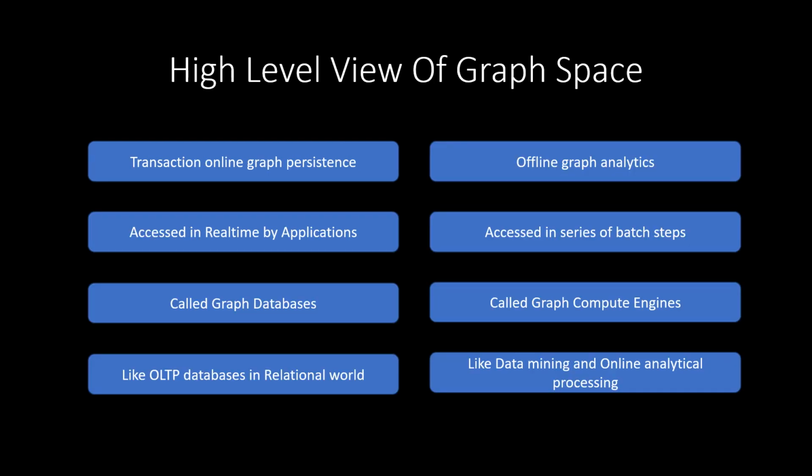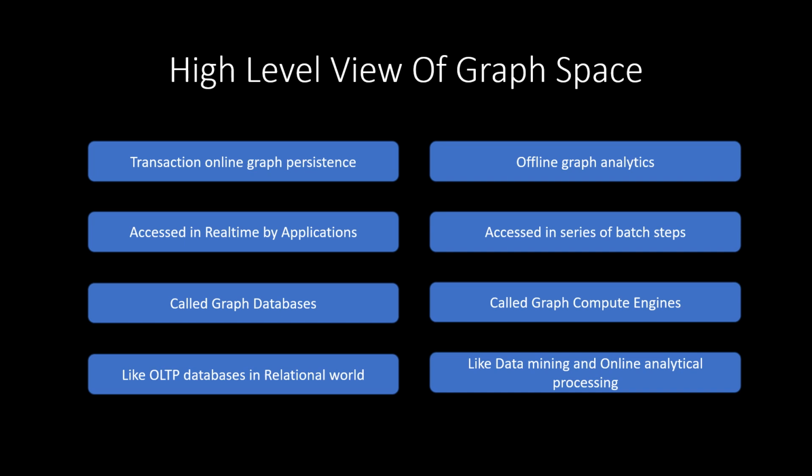On a high level, the graph database space can be divided into two major parts. First is online graph persistence. These are accessed by real-time applications, where the applications are actively modifying the graphs in a transactional way. These are called graph databases. These are similar to OLTP databases in the relational world.